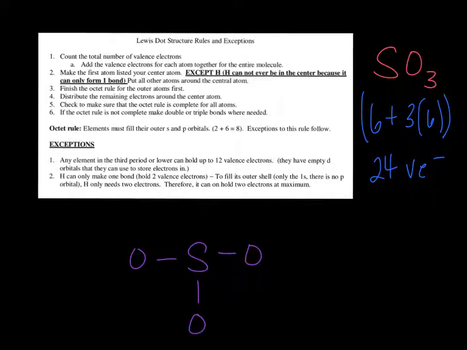But oxygen has to have 8 valence electrons. And so we have to count those in. So we've got 2, 4, 6 in the bonds. And so now I'm going to put 8, 10, 12, 14, 16, 18, 20, 22, 24.